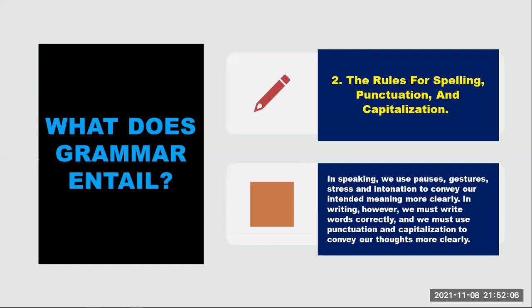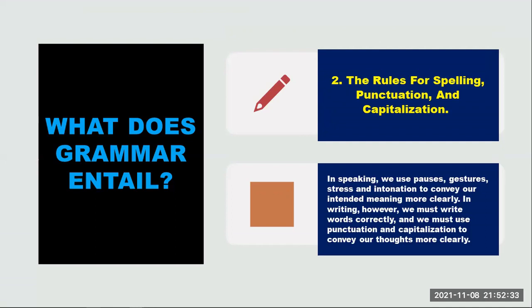When we speak, we articulate the sounds of English words for people to really understand what we are saying. In writing, however, we must write words correctly.